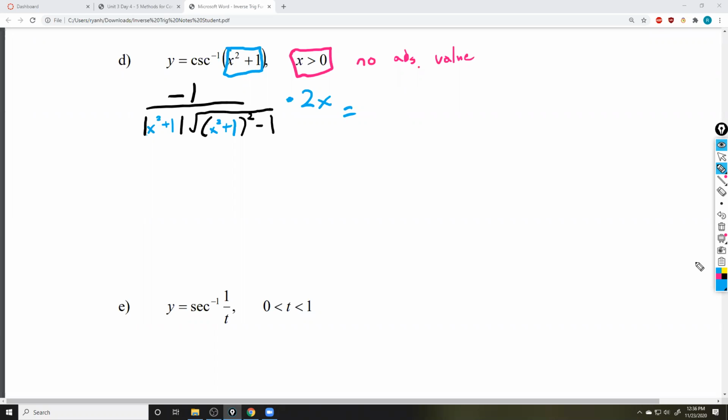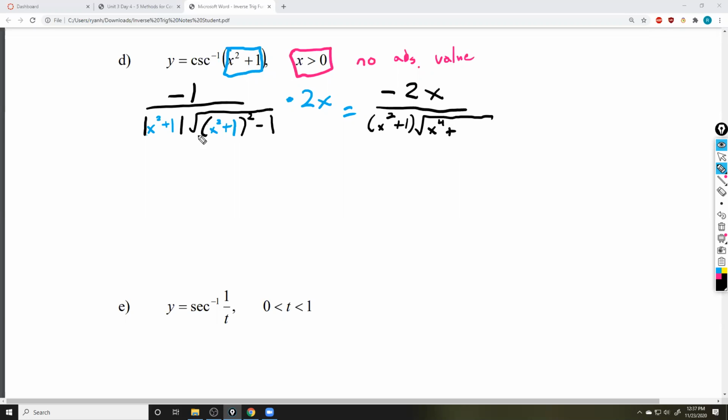But let's do some simplifying here. Negative on top is a 2x over, I'm going to get rid of the absolute value because I said we didn't need it, x squared plus 1. And then in the square root, I'm actually going to expand out and square this, and you'll see why in just a minute. So we have an x to the 4th.